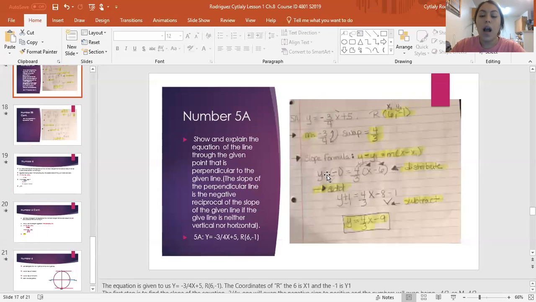So we do y minus y1, which y1 would be -1, so parentheses -1, equals m. m would be your slope, which is 4/3, parentheses x, because that's what's next, minus x1. x1 would be 6.